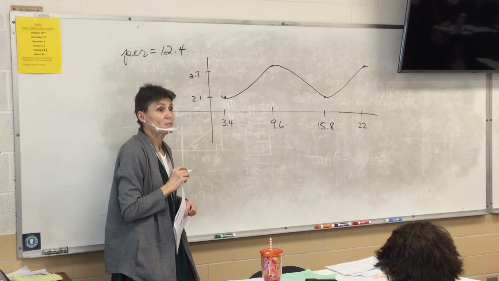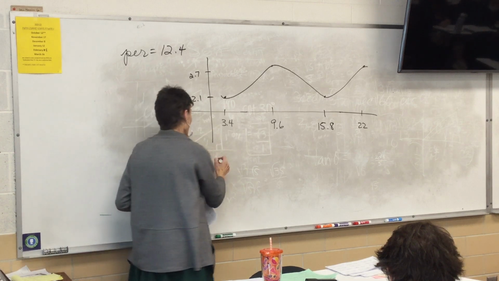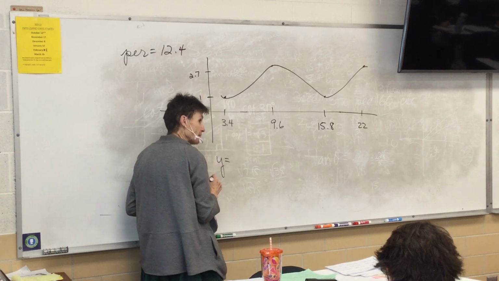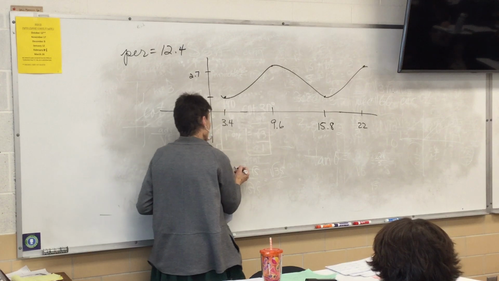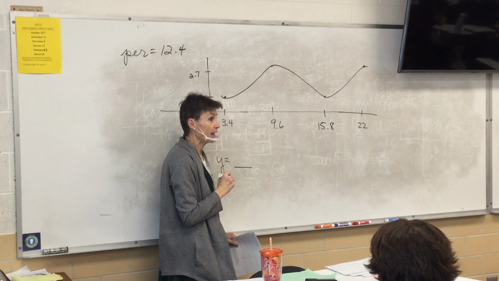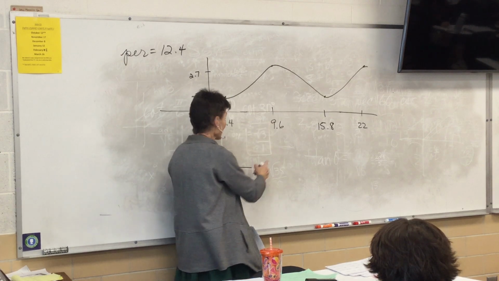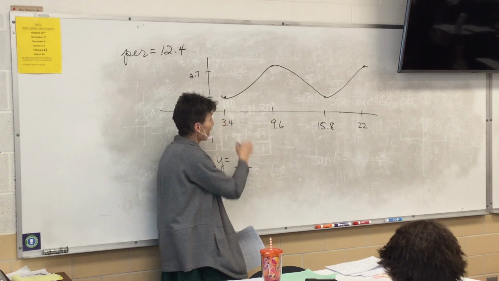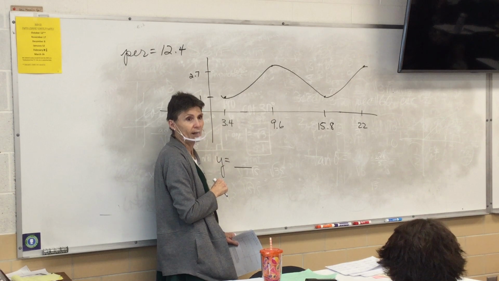Now I'm going to write an equation for that. And when I write my equation, think about what we did yesterday. We have a number out here in front that controls the amplitude. Then we got to pick a function. That could be a sine or a cosine.